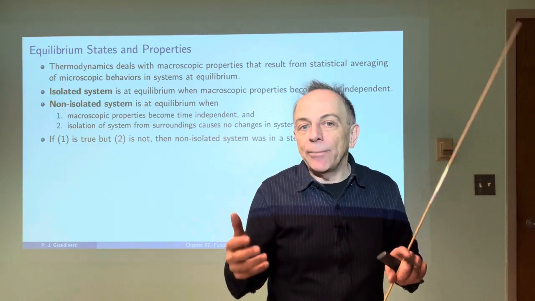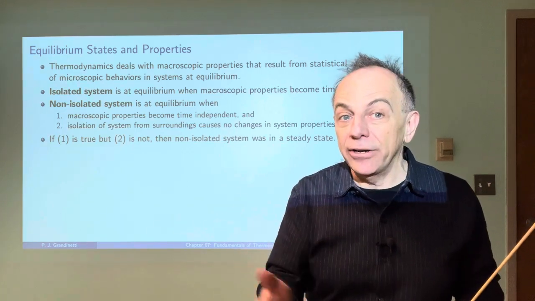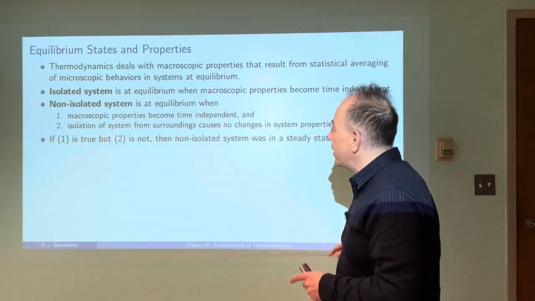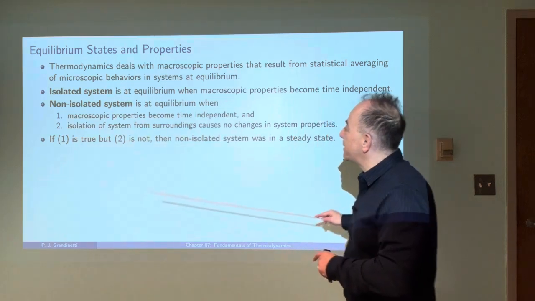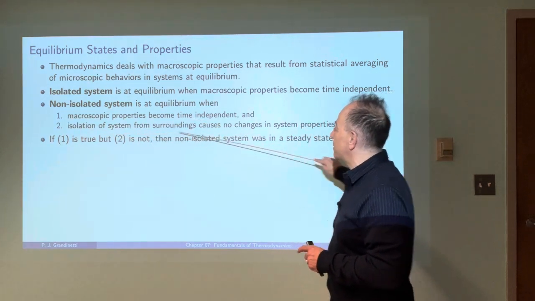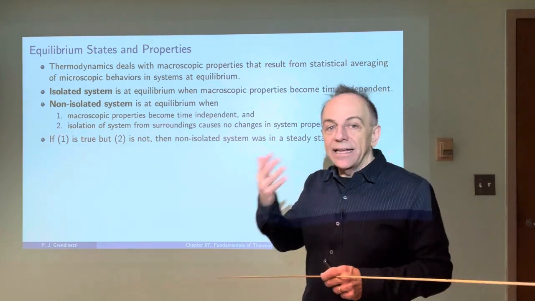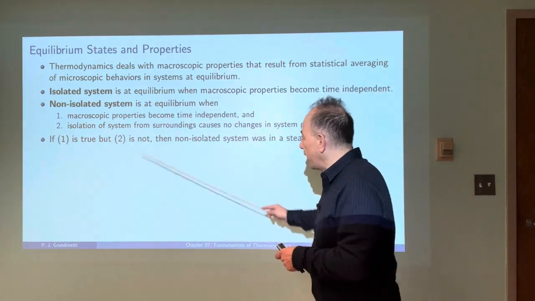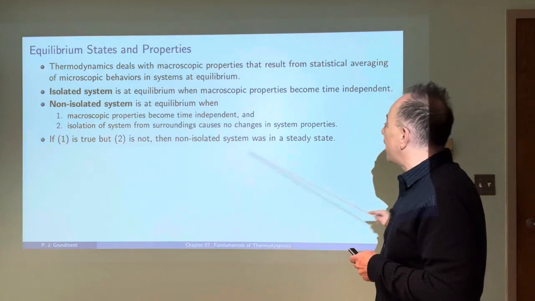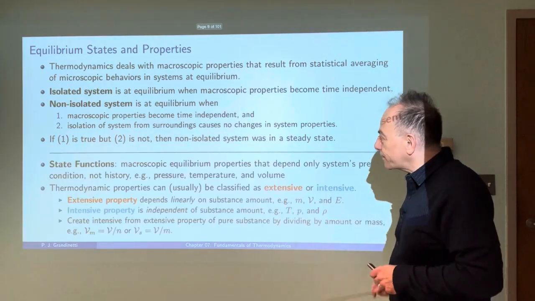That was an example of a system at steady state and not at equilibrium, even though its properties appeared time independent. So again, for a non-isolated system, if the properties are time independent, but isolating it does not leave them time independent, then you are likely in a steady state situation.